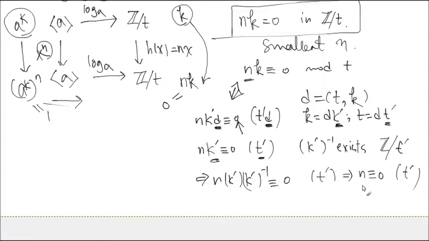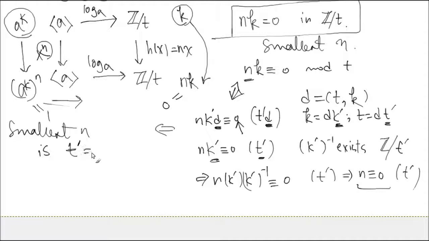So that's a lot easier to see. What is the smallest positive integer that satisfies this one? The smallest n is t prime, right? 0 doesn't work. The next one that hits 0 is the first multiple of t prime, which is t prime.